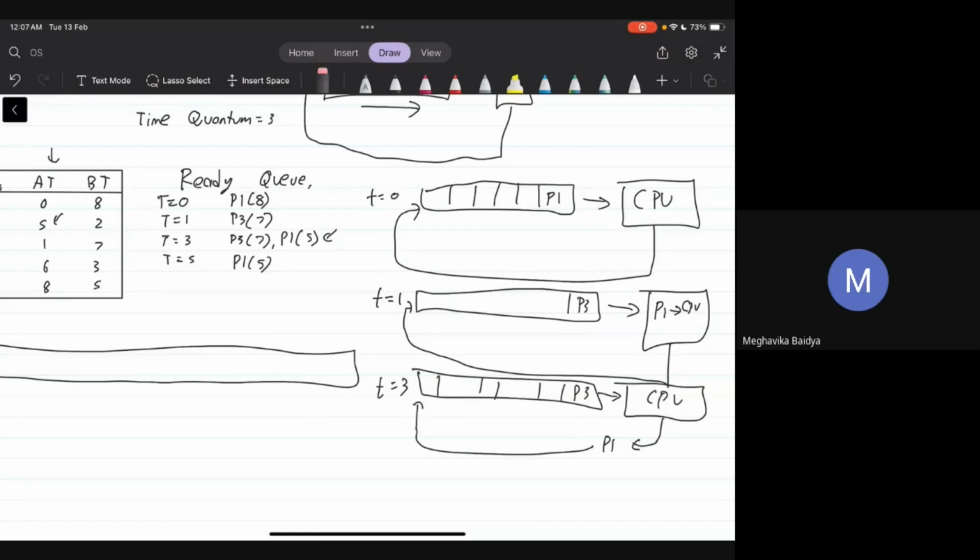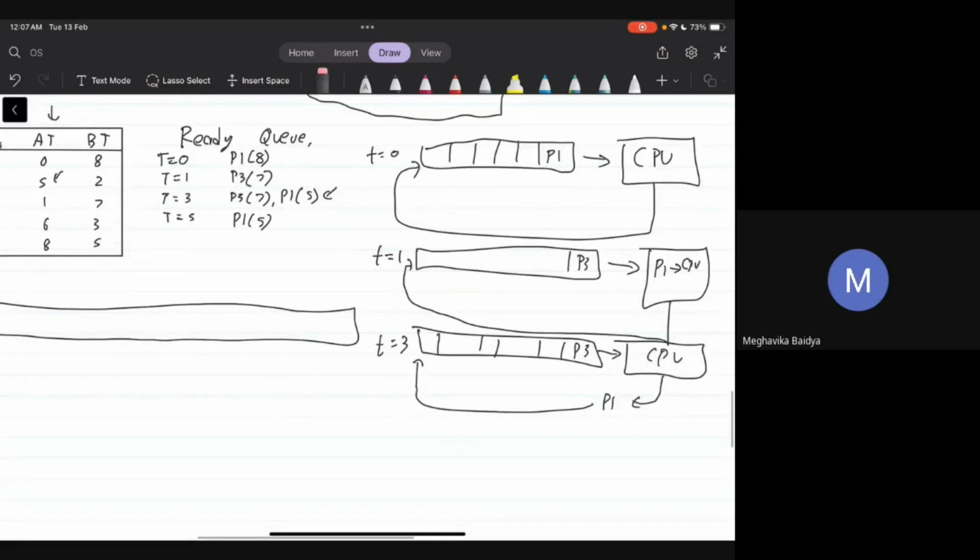Oh, okay, now I got it. So what happens at t equals 5? We see that P1 came to the end of the line again. So P1 now is here and P3 is inside the CPU.